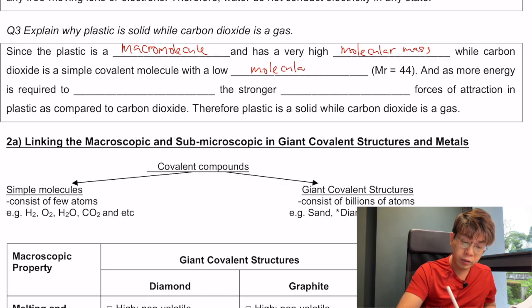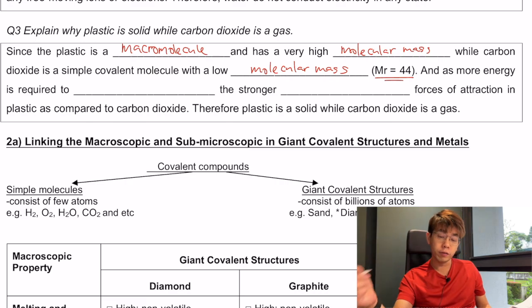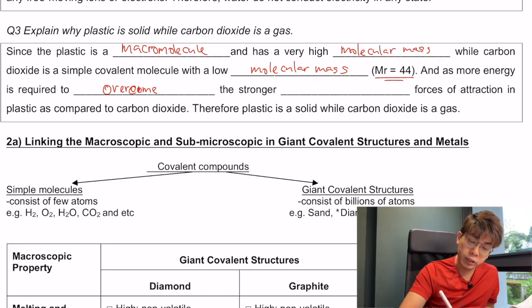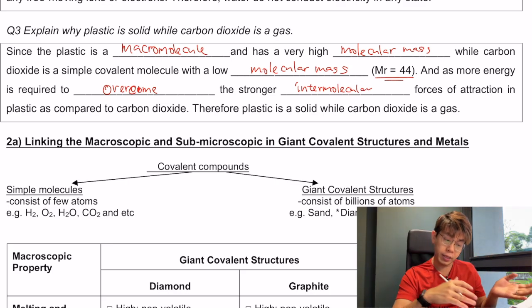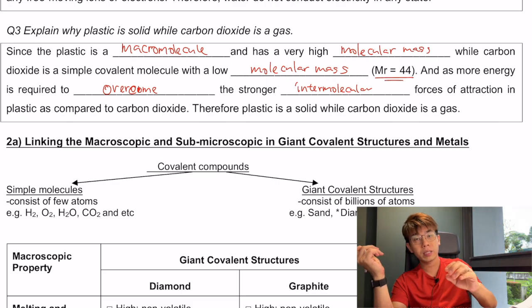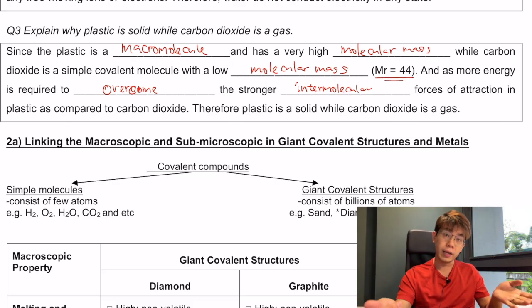And remember to give data, Mr or RMM 44, and as more energy is required to overcome, because we are talking about attraction here, the stronger intermolecular forces of attraction in plastic as compared to carbon dioxide. So therefore plastic is a solid and carbon dioxide is a gas.